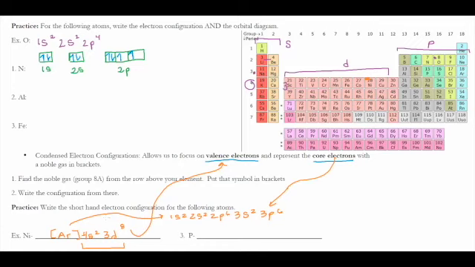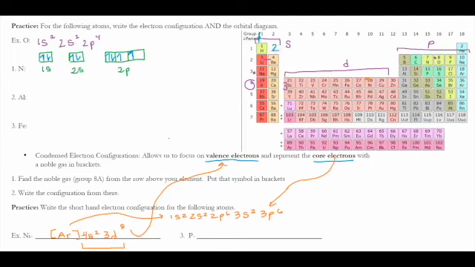Really quickly, just as a review, because you learned this in first year chemistry, other than actually counting out valence electrons based on the electron configuration that's given to you, another thing you can do is use the periodic table. So for this group right here, the outermost electron would be 3s or 4s or 5s. So that's the outermost energy level. This column right here, this group has 1 valence electron.